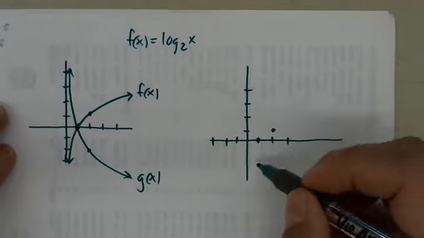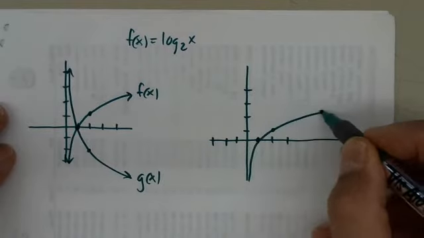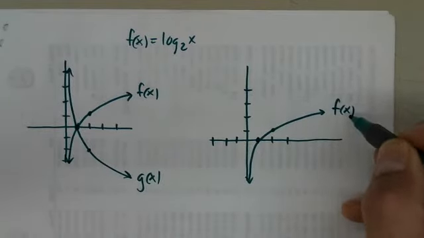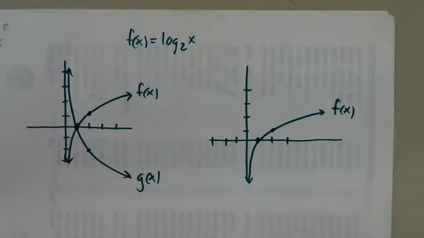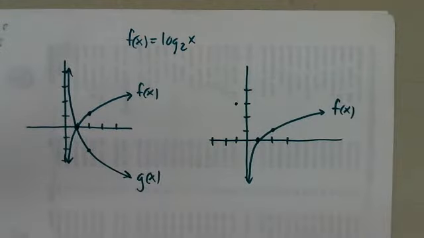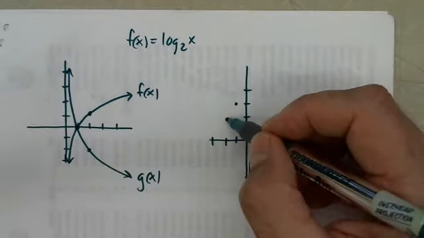Same parent function. And then we have points at -1, 3 and -2, 2.